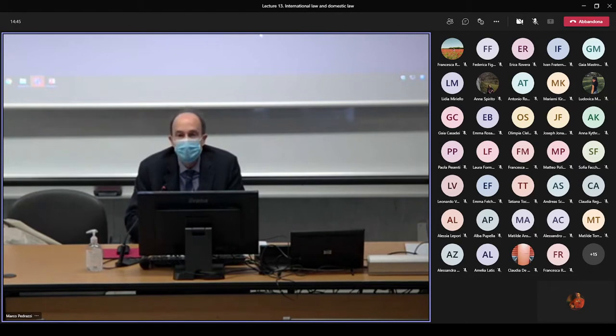The reservation is something that the participating state unilaterally decides to exclude, while here it is the treaty itself which grants its states parties the option to adhere or not adhere to certain provisions of the treaty.